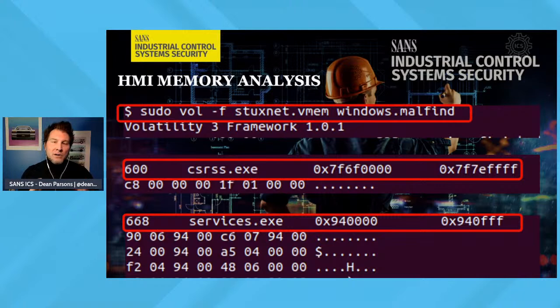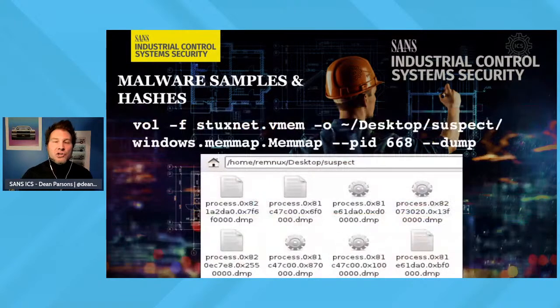Now, even beyond looking at the memory captures from an ICS device, we can pivot to using Volatility just as you would in IT to extract out those malicious processes that Malfind has indicated might be malicious. In this case on screen, we're using Volatility again with the same memory file we now know is likely contaminated.